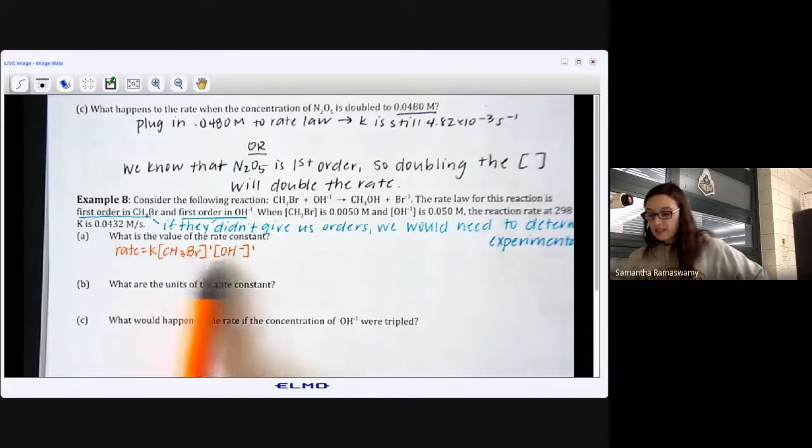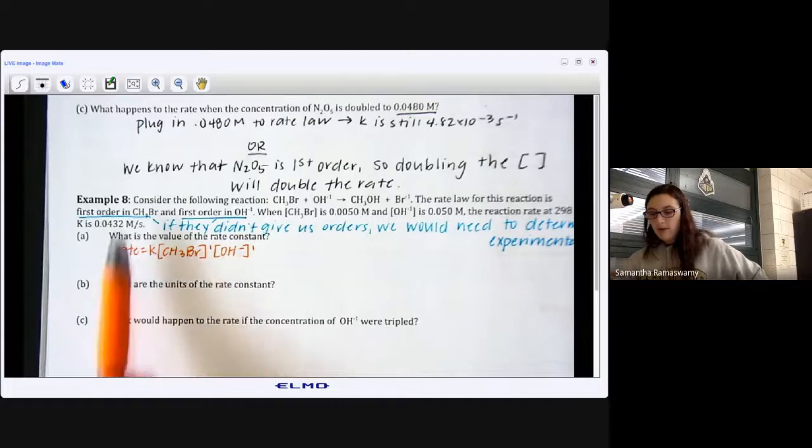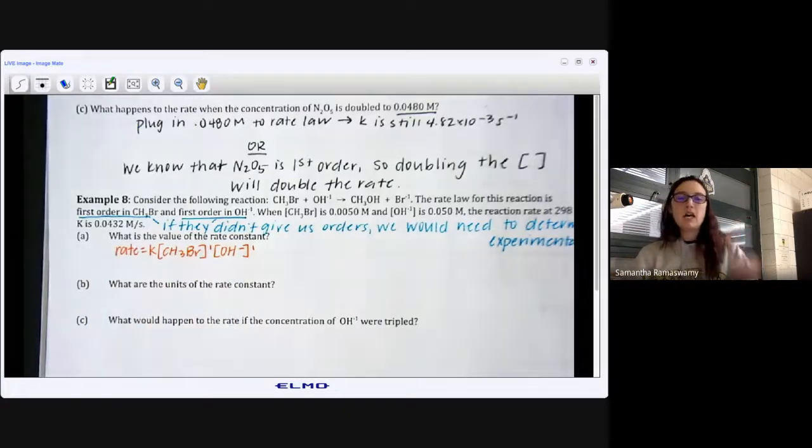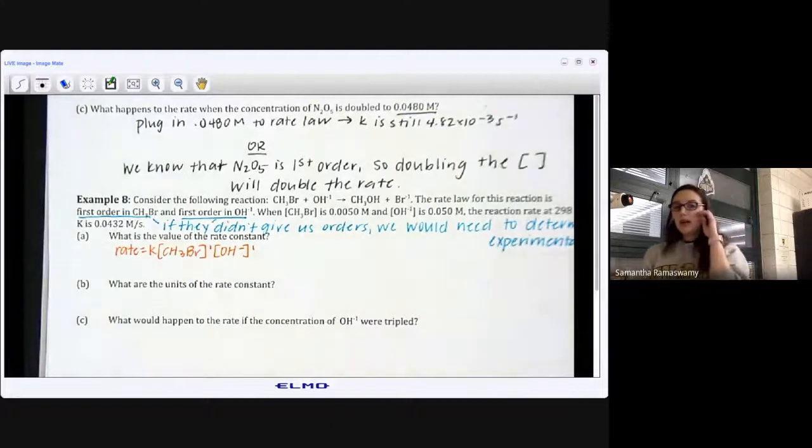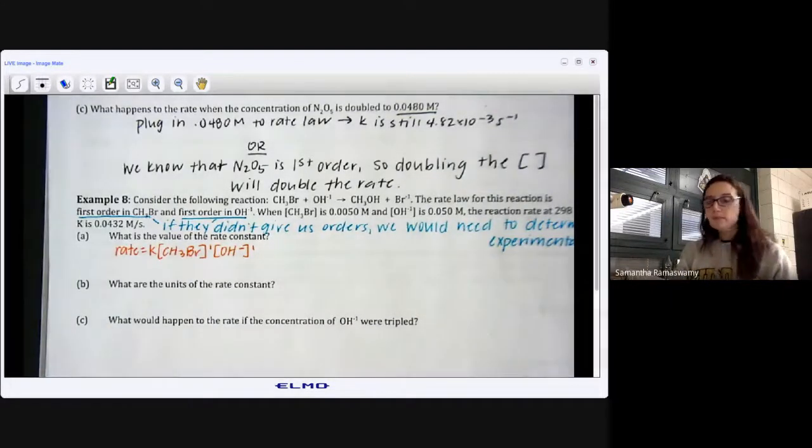The reason that they're both to the first power is because in this problem, they tell us that it's first order and first order. So they have already determined how the concentration of CH3Br affects the rate and how the concentration of OH minus affects the rate. So we're going to go ahead and just do A and B at the same time.